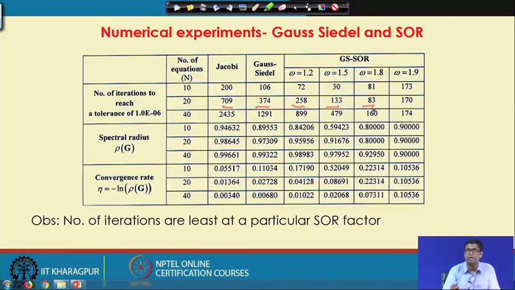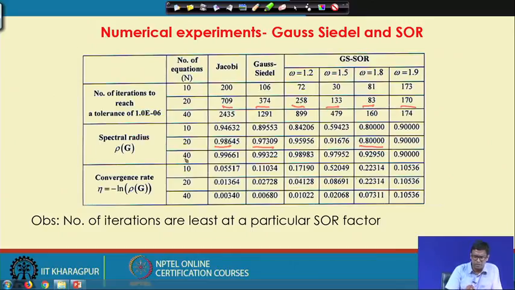From 374 it came down to 83 steps, and then the count started increasing again. So the optimum omega should be between 1.5 and 1.9 here. At 1.8 we observed the least spectral radius: for Jacobi the spectral radius was 0.98, for Gauss-Seidel 0.97, and for omega 1.8 it is 0.8, and that is why convergence is faster.